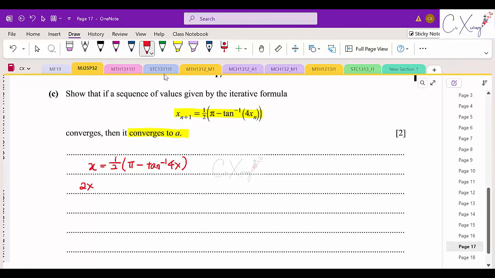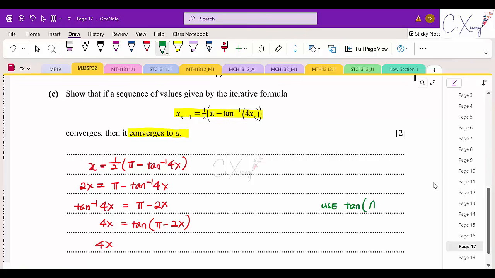First I move the 2 over. After that, I bring the tangent inverse for x. Then I'm having pi minus 2x. So next step, the tangent inverse over become tangent pi minus 2x. Then after that, if let's say you don't know how to simplify this one, you basically can use the compound angle formula or the addition formula for tangent A minus B. We are looking for A plus minus B, but we are looking for the minus.